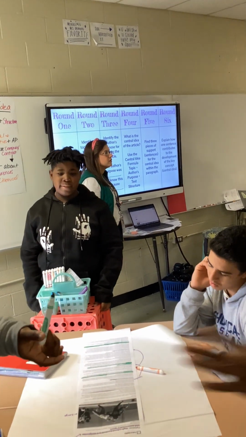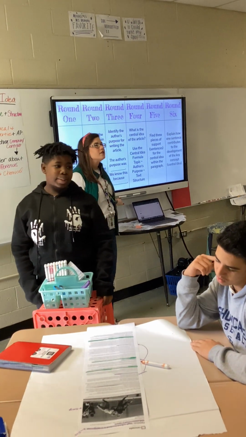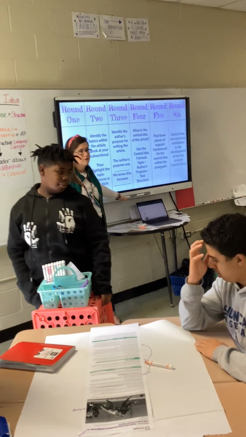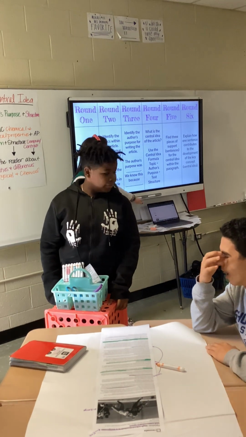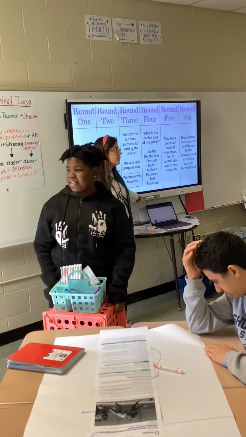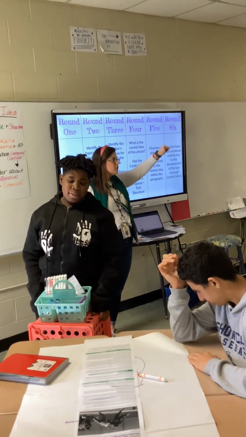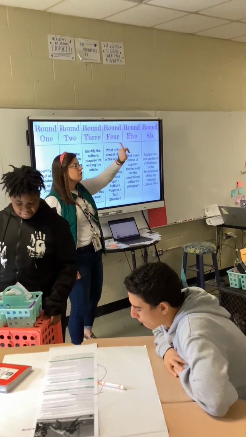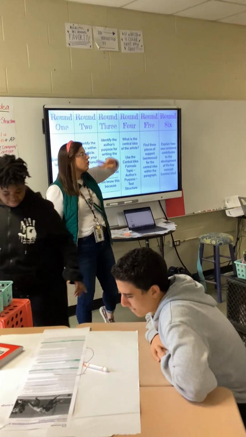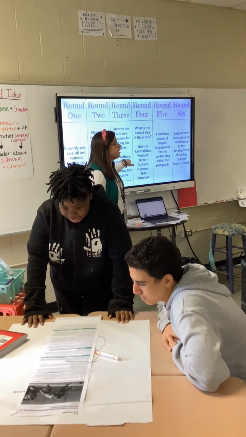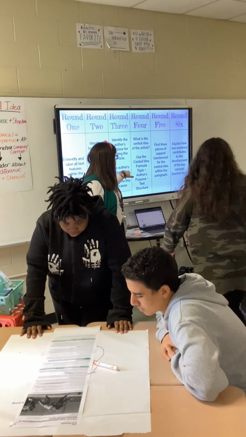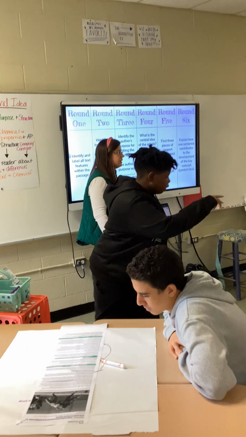Round 3. You are going to identify the author's purpose. So was it persuading you to do something? Was it informing you on a topic? Or was it entertaining you? And then you are going to complete the sentence: the author's purpose was blank.